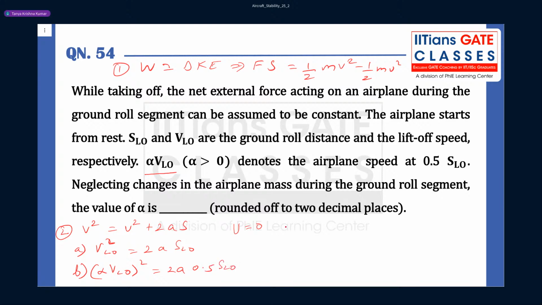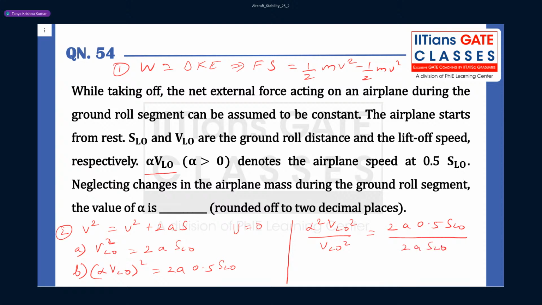Right? So now if you divide equation B by equation A, or just do it the other way around, because you need to find out alpha. So you have alpha squared VL naught squared by VL naught squared equals 2A into 0.5 SL naught by 2A SL naught.